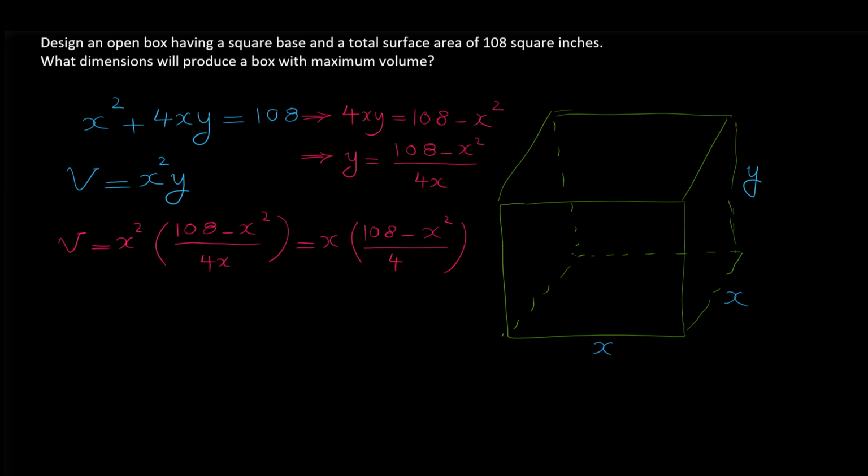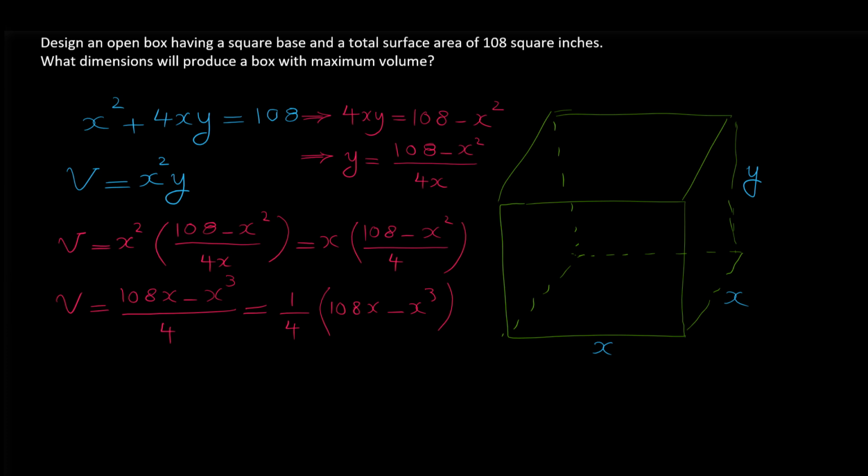If we multiply x into the bracket, the volume is (108x minus x to the power of 3) all over 4. Note that you can rewrite the volume in the form of 1/4 of (108x minus x cubed).